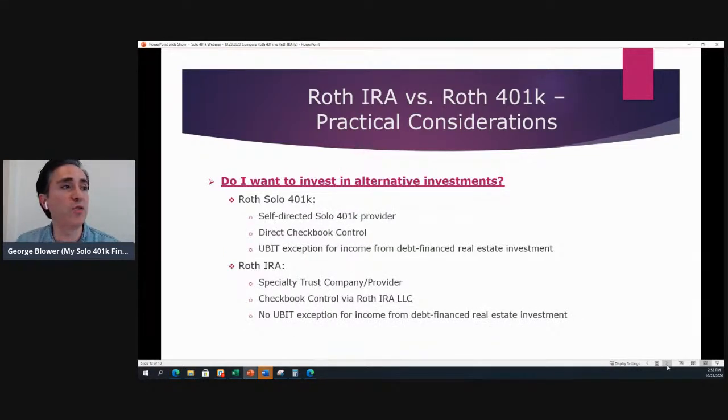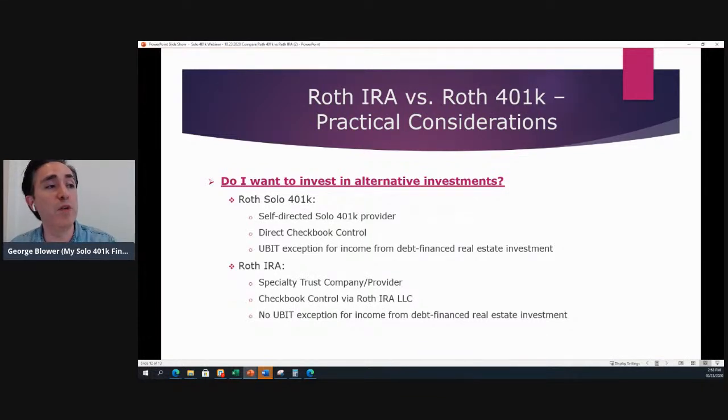Do I want to invest in alternative investments? There's a number of advantages of doing it through a Roth solo 401k, the direct checkbook control. Of course, you have to have a solo 401k provider that allows for the alternative investments that you want to make, whether that's real estate or notes or cryptocurrency or private placements, just to name a few. Whereas with a Roth IRA, you've got to go to a specialty provider. And if you want to have the checkbook control, you'll need the Roth IRA LLC.